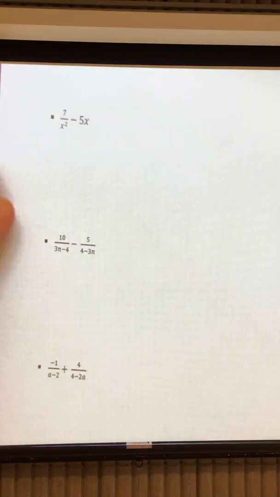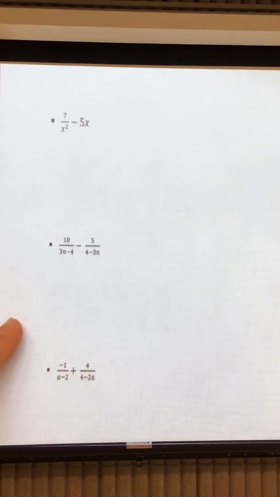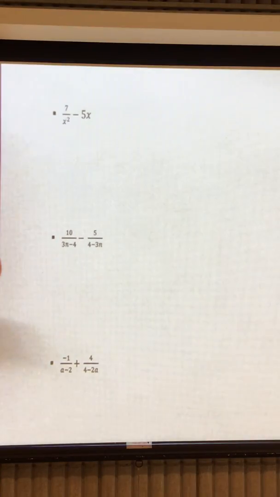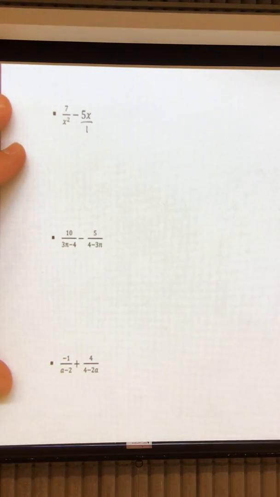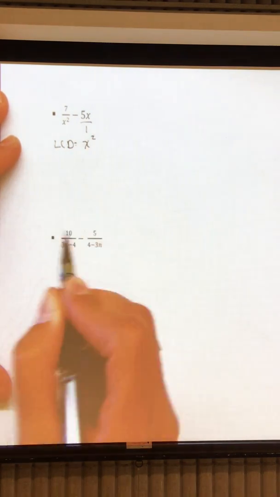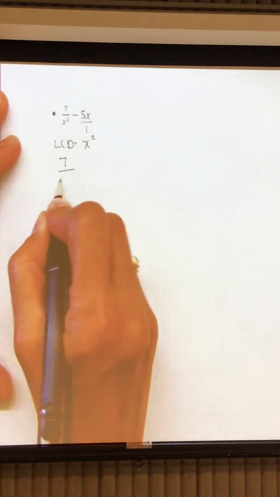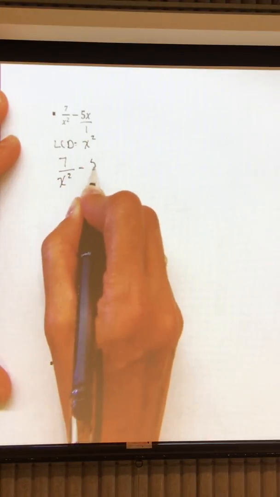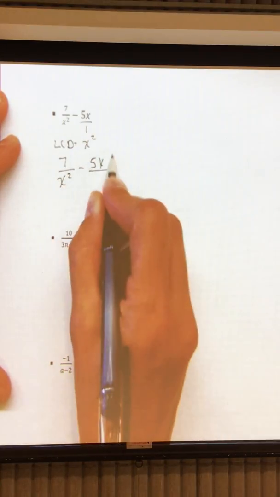And moving on to the next example, we have 7 over x squared minus 5x. Again, remember here you have a denominator of 1. So our least common denominator is x squared. So we need to multiply the second fraction by x squared.